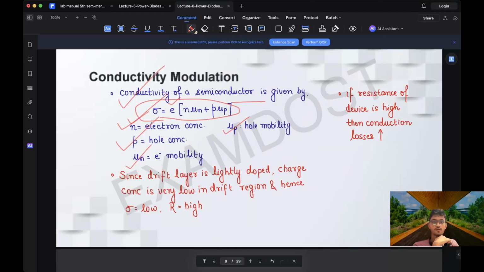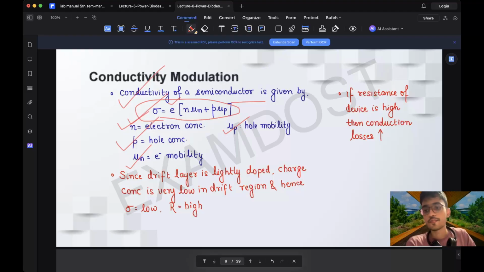The formula is e, electron concentration n, mu n mobility of electrons, plus p as hole concentration, and mu p as mobility of holes. All of this is sigma, the conductivity.